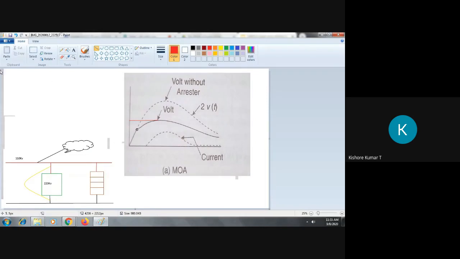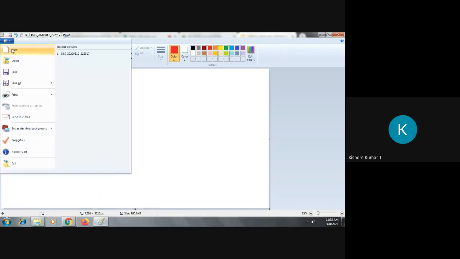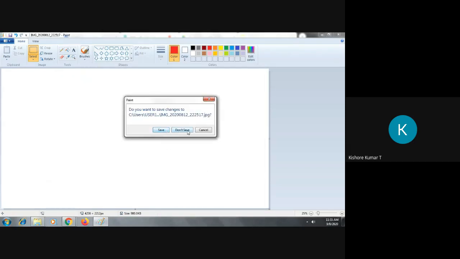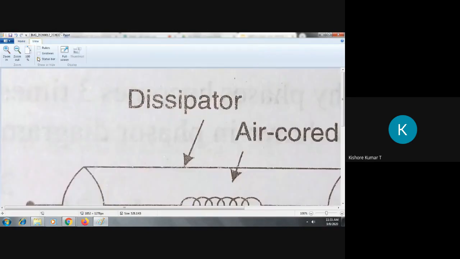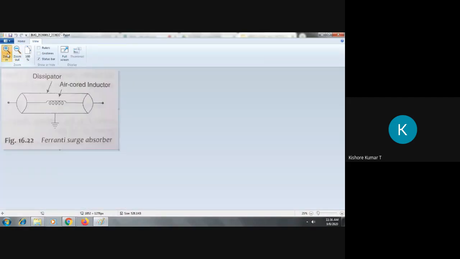Among all of the three, which one is more? Let us move to the concept. Surge absorber.